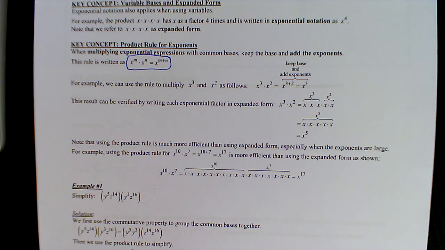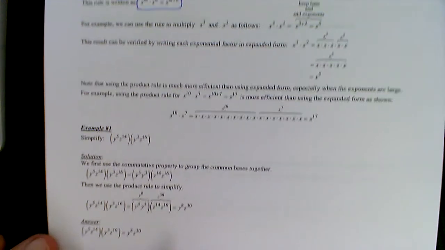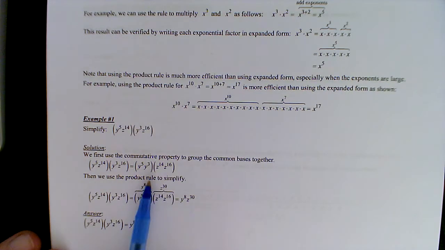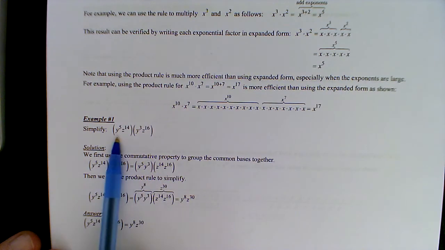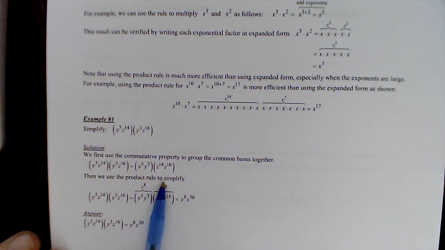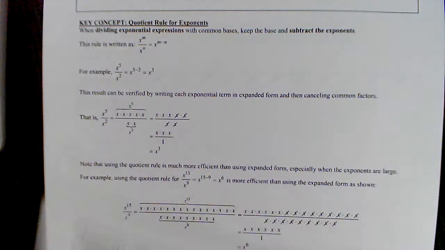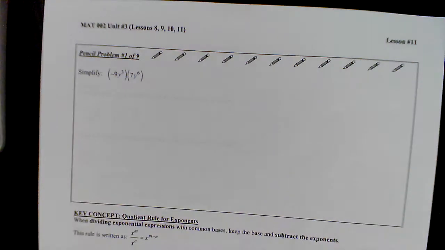Although you could proceed in a variety of ways, one recommendation we have is to group those common factors together, like in this example, where we group the y's and we group the z's, and then perform the product rule. That's optional, but sometimes a helpful technique.